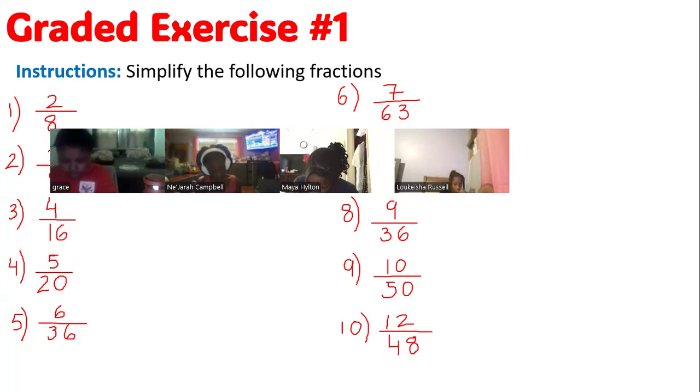Legacy, what number you on? Write the answer for number 6.